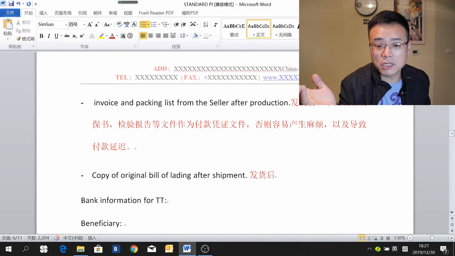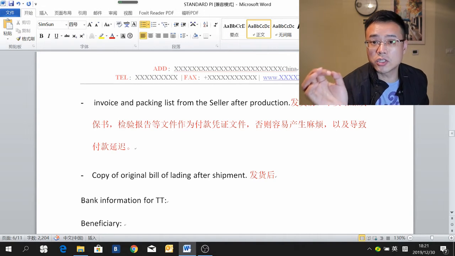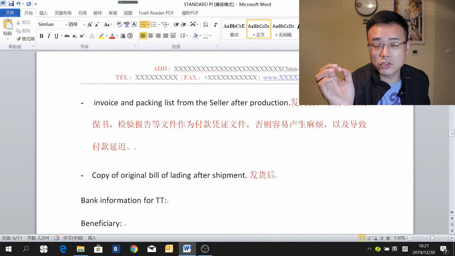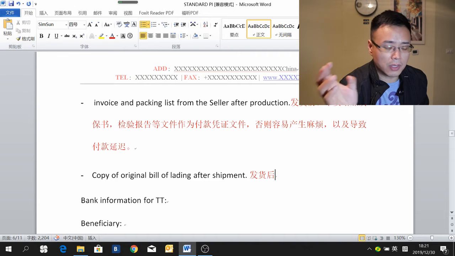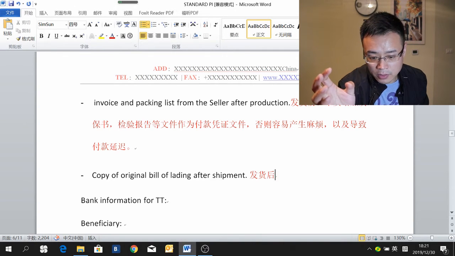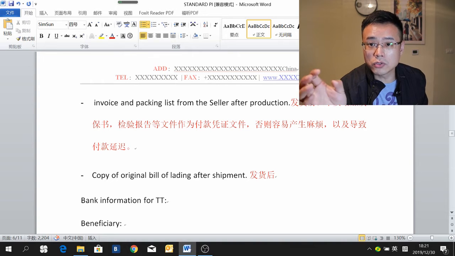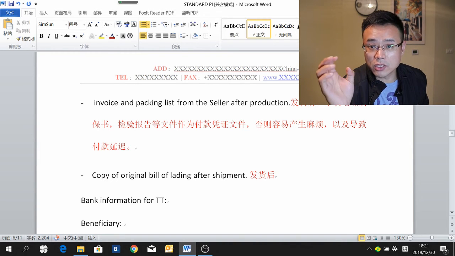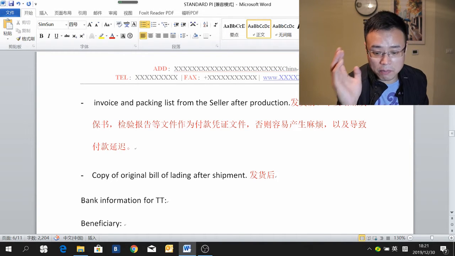The buyer simply doesn't like to pay. They intentionally delay your payment, and after 6 months, in some countries the port has limited storage space, so they will have to put your goods on auction. And once this happens, then you are in big trouble.